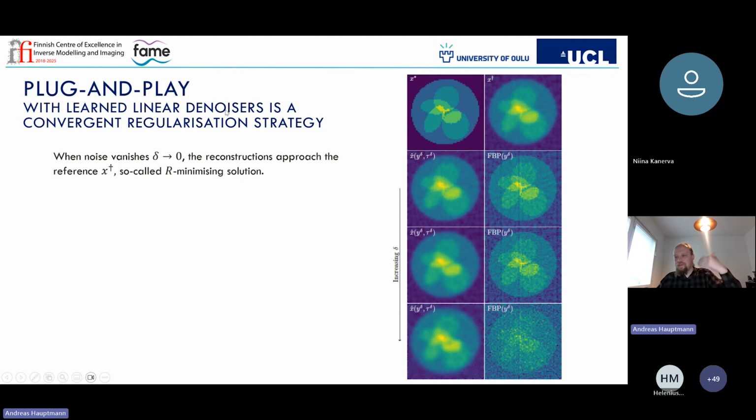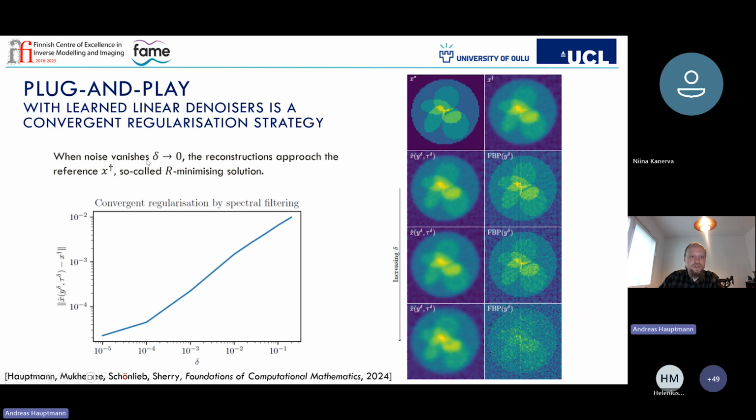Now the proximal operator is replaced by a linear neural network, and we were able to prove that we do get, when the noise vanishes, and here in this graphic we see the noise goes to 0 or gets smaller, convergence to the so-called R-minimizing solution. So it's a solution of the operator equation, Ax equals y, but also a minimizer of the regularizer itself.